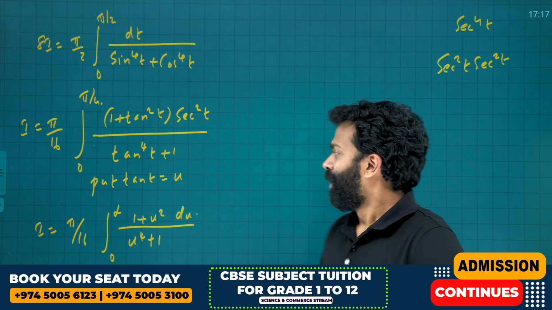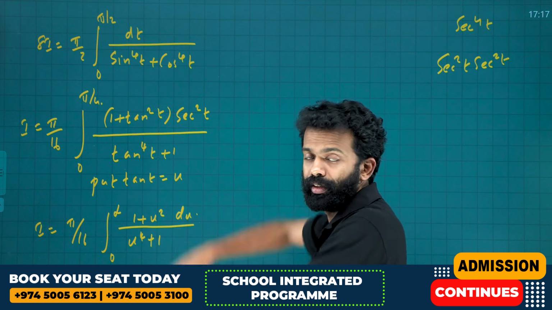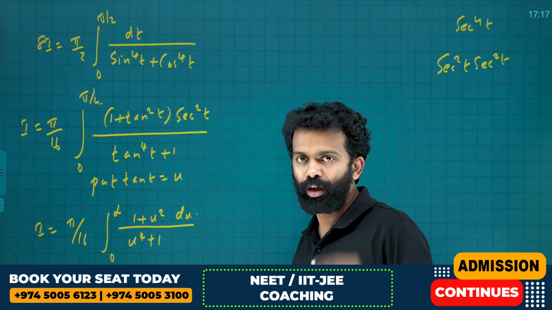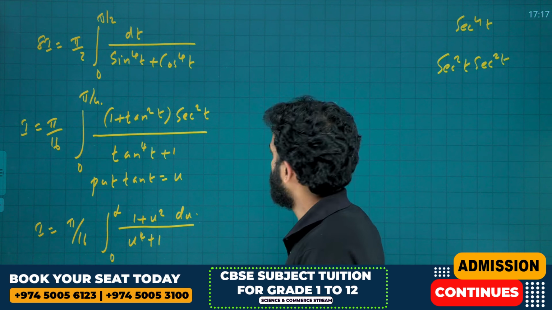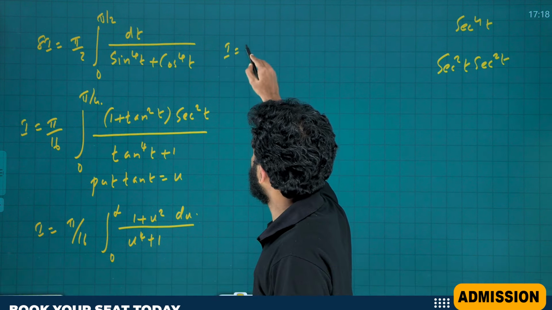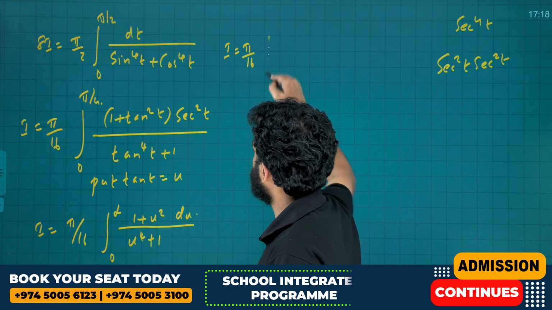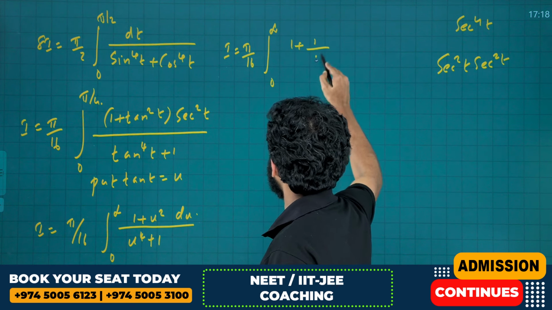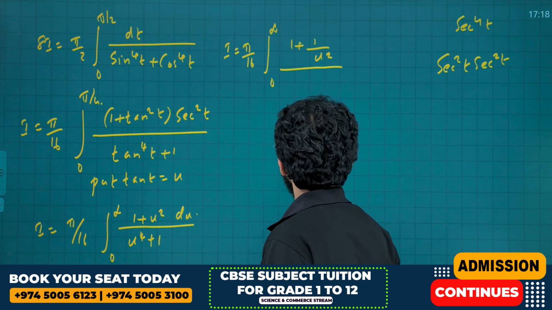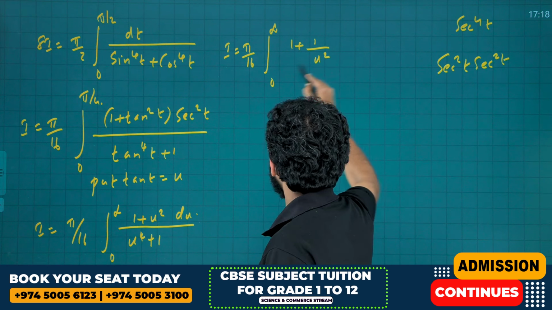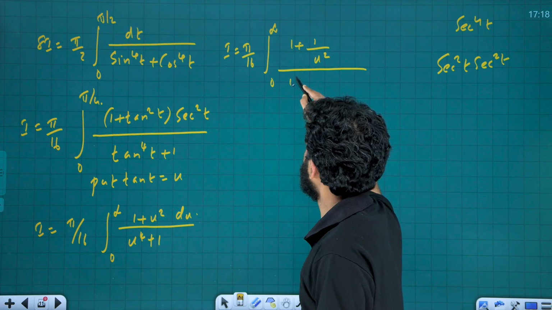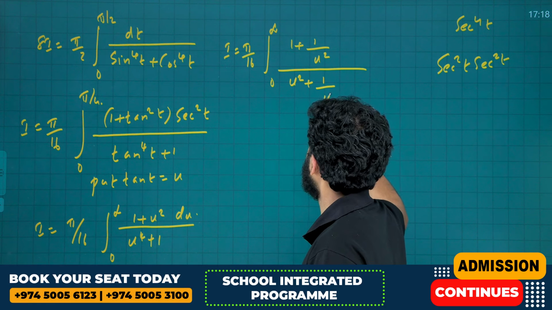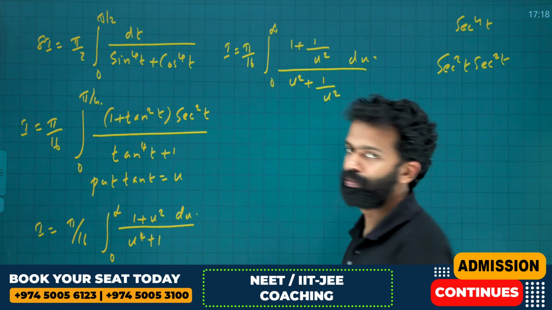Actually, it is a typical type. If you have quadratic and quartic terms like this, you need to divide numerator and denominator with u square. Okay, and you will get I is equal to pi by 16 times the integral from 0 to infinity of 1 plus 1 by u square divided by u square plus 1 by u square, into du.